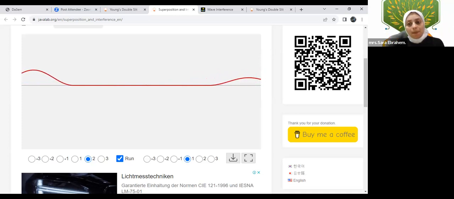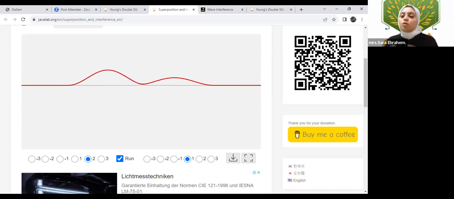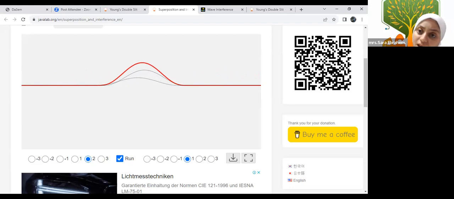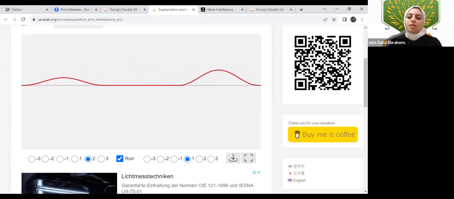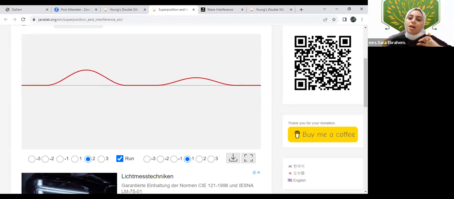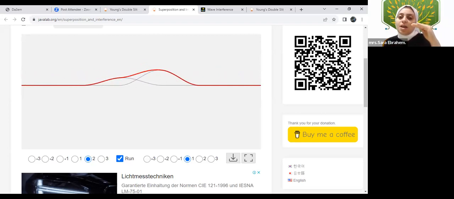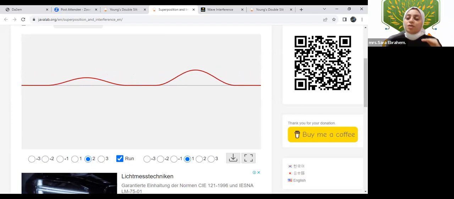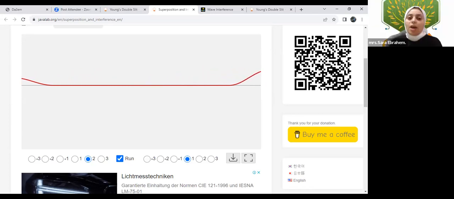When they travel, they must meet, so maybe a crest of wave 1 meets a crest of wave 2.